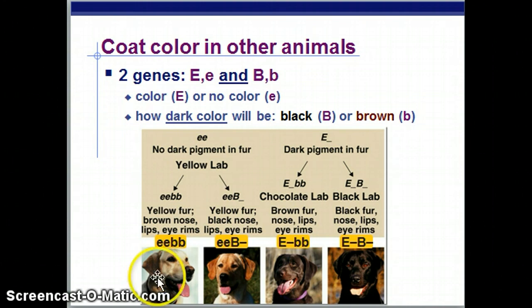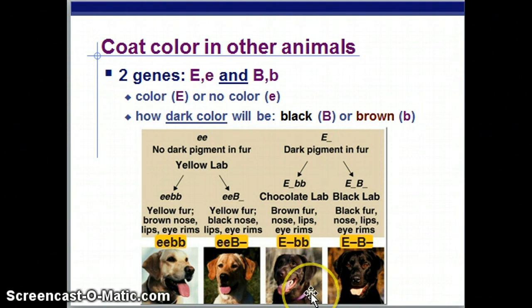For the next dog, we get no color. However, if it had color, that color would be very expressive. So it would have a dominant color of black. So if you mix this black gene with the allele for no color, you get a golden lab.